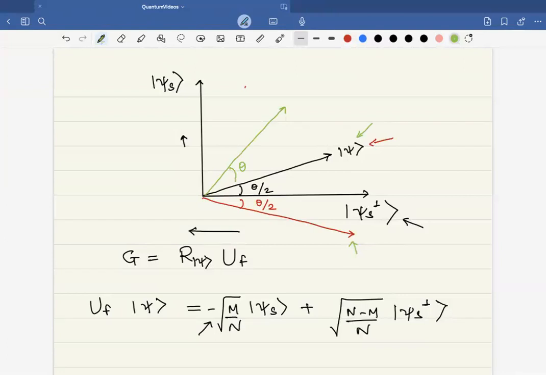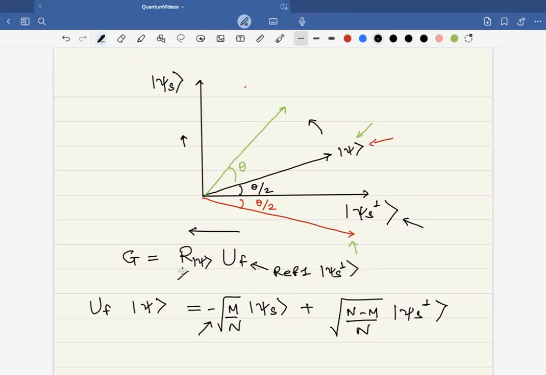So look what has happened in one application of the Grover operator G. The initial vector psi is now propelled towards the solution space. And that has happened by applying two reflections. So this is reflection 1, which is a reflection about psi s perp.